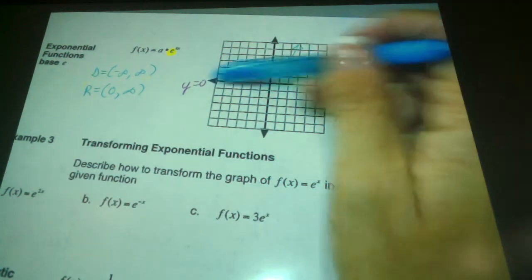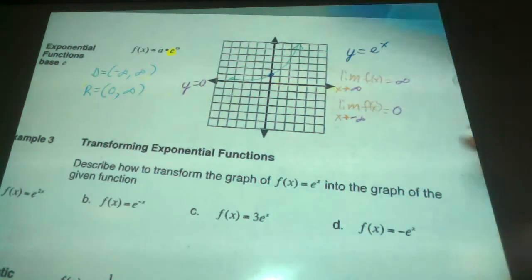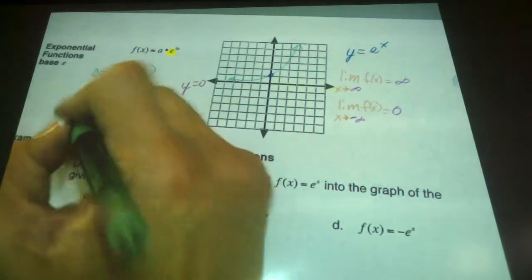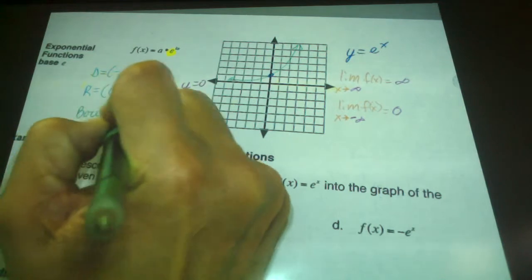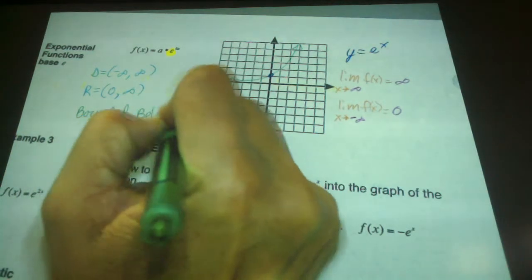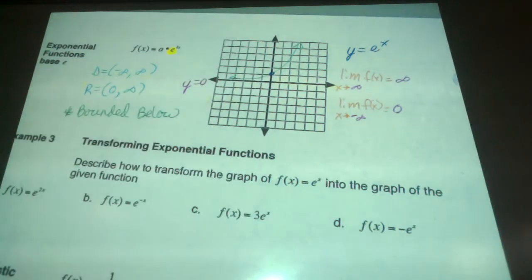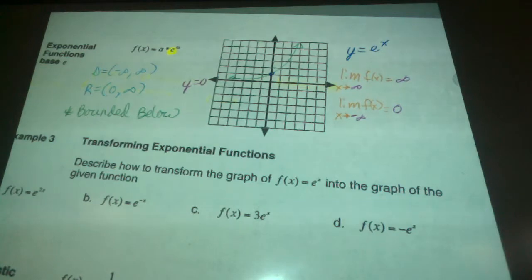And this is also continuous for all values of x. Is it bounded? Yes. It is bounded below because it has that horizontal asymptote. So it's all prior knowledge, yes? We're still employing all of it.